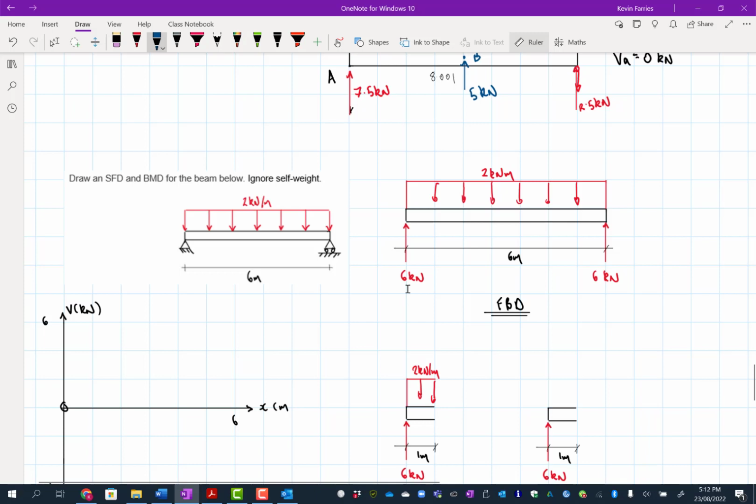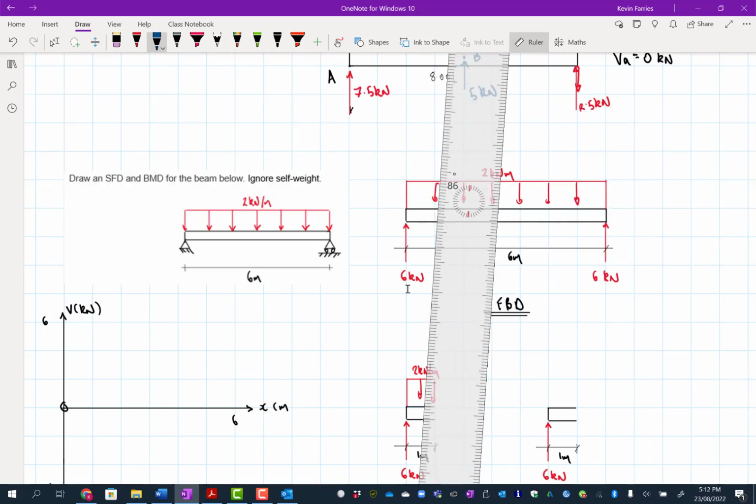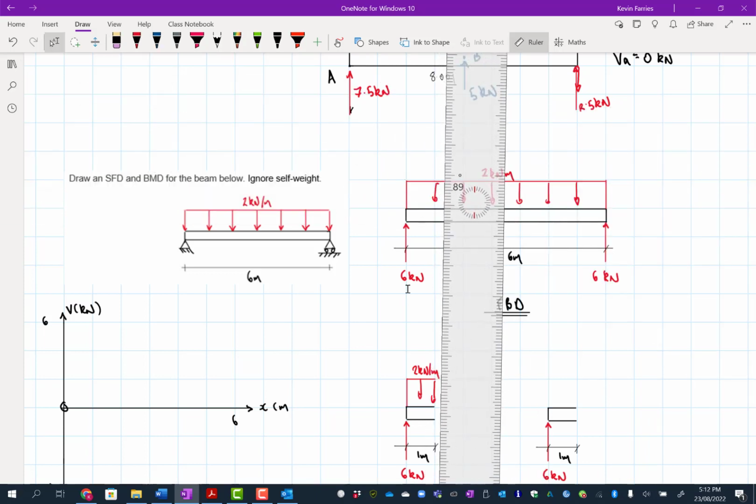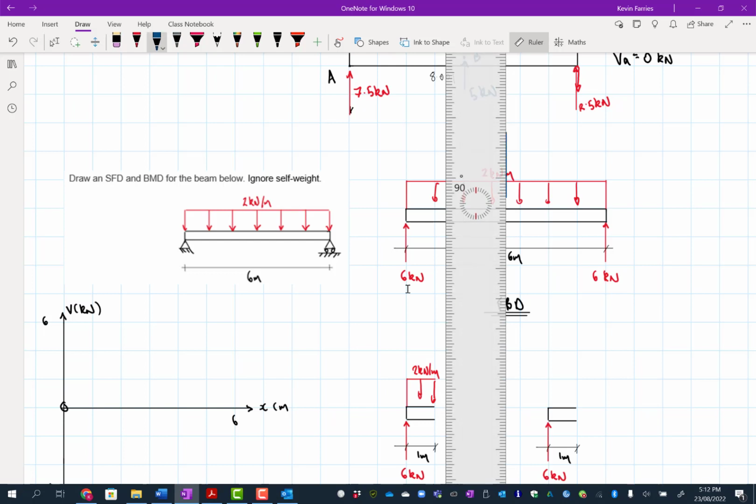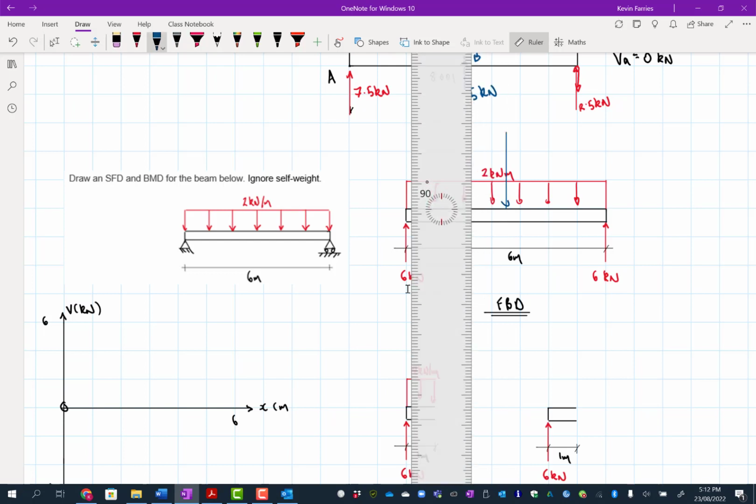If it had been a more complicated problem, we would have figured out the equivalent point load and drawn that in the free body diagram without the UDL. So if it was a triangular load, let me just do a very rubbish sketch over here. So you might have had a triangular load of something like that.